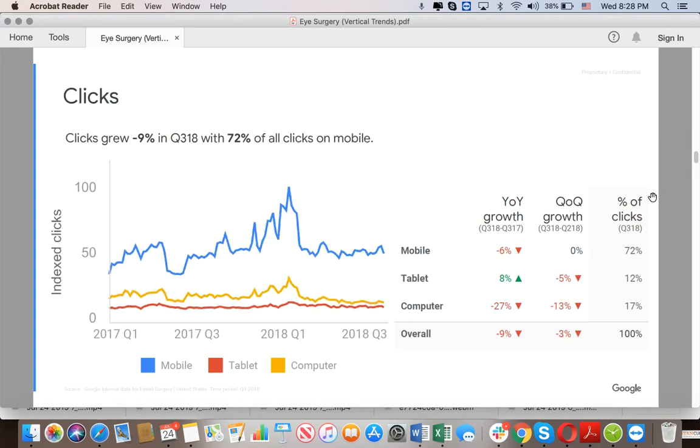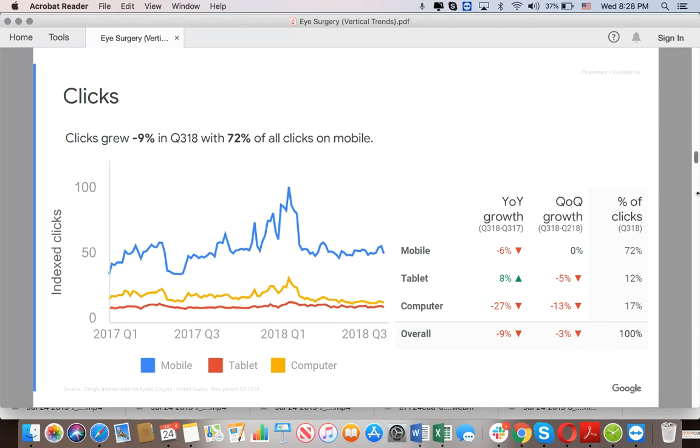Going to the next, clicks. So this is what I told you about a little bit earlier. The clicks decreased by 9% in the third quarter of 2018, with 72% of clicks on mobile. Again, we see this huge switch from desktop to mobile, but because we're using the overall term, this is why I have this issue.